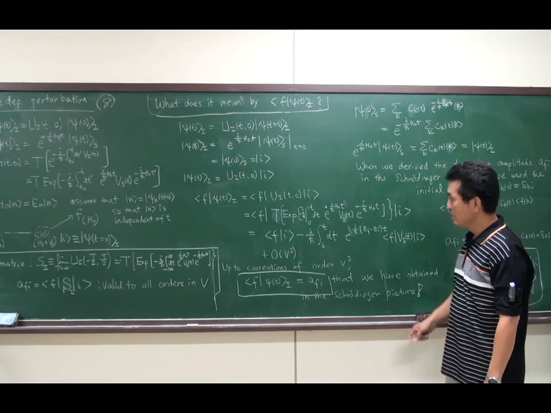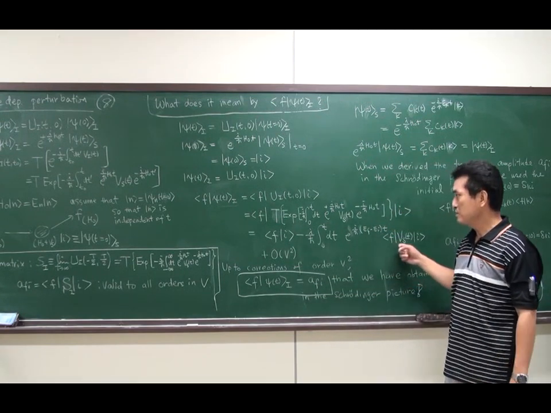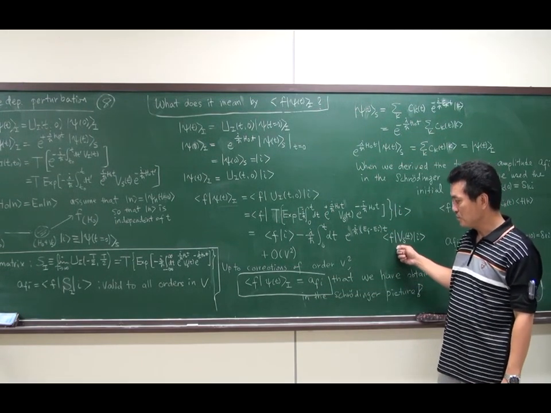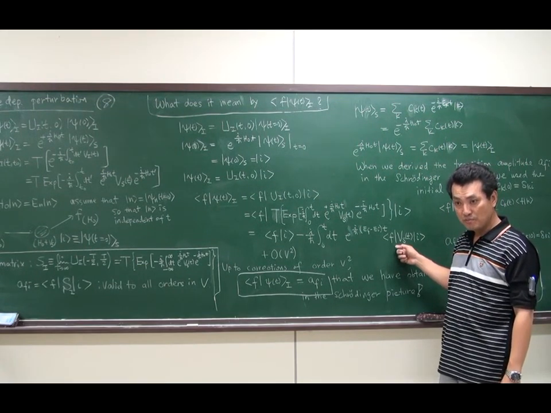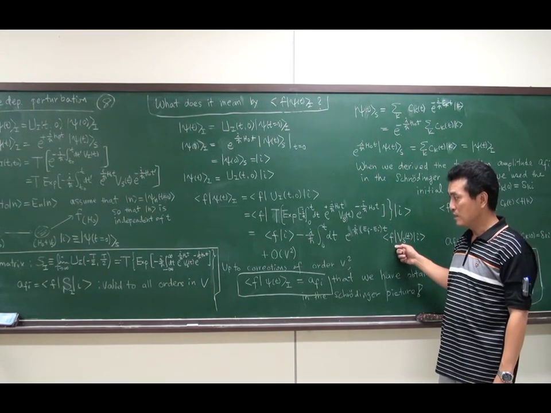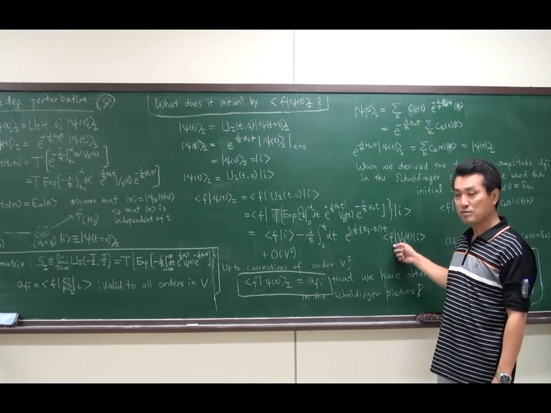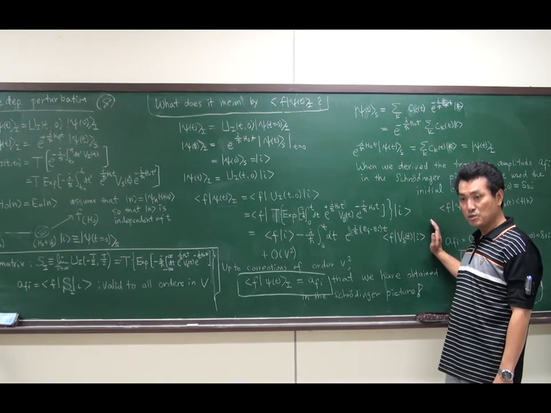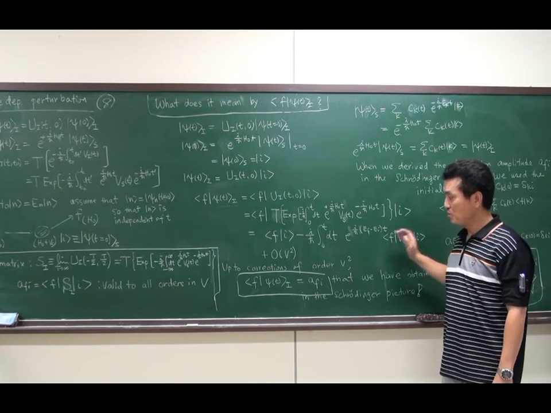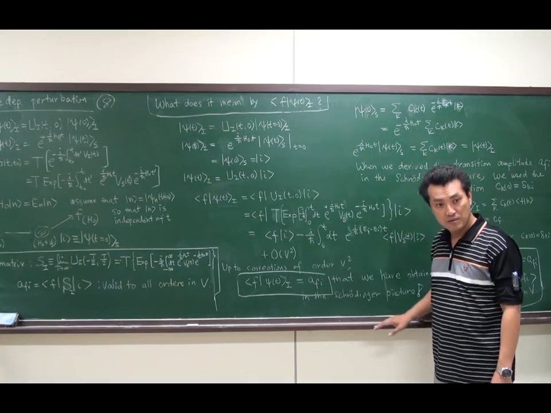By the way, this is exactly the same as the transition amplitude we calculated by making use of the Schrödinger picture. But at the time, we stopped the calculation at order V, and we did not include the contribution of order V squared. Okay?